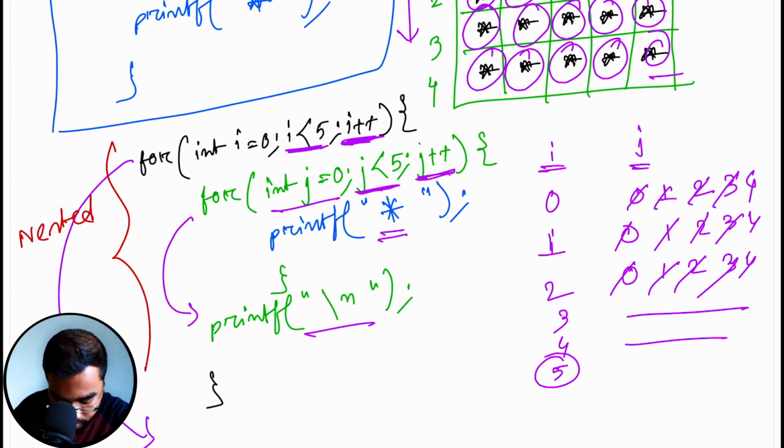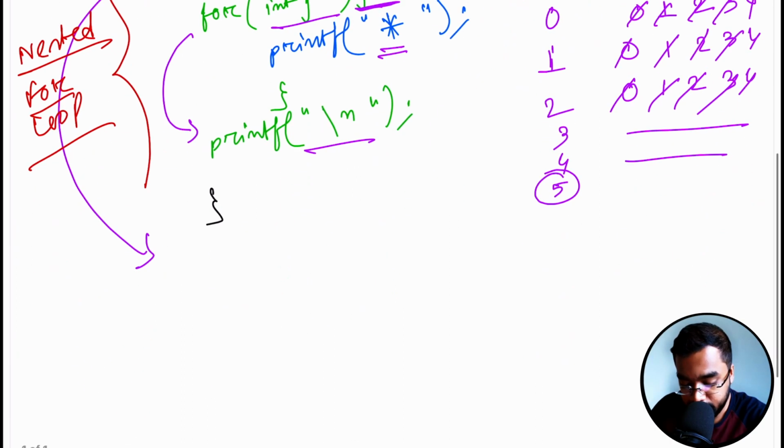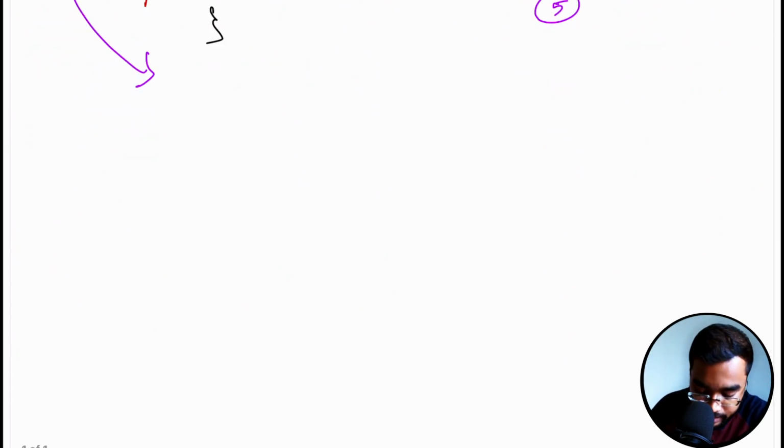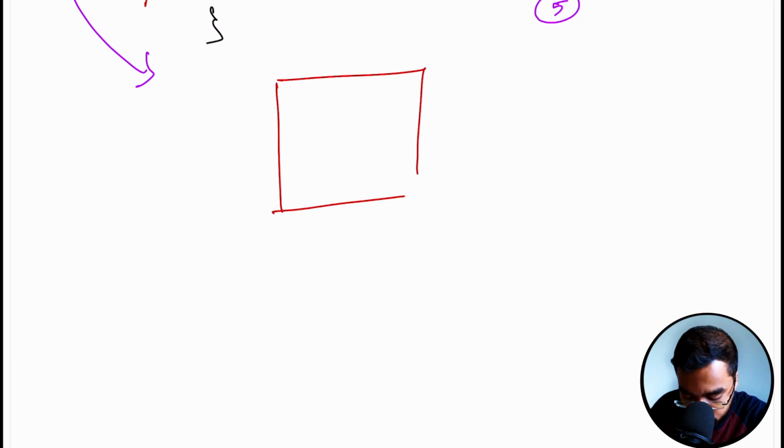Nested for loop. What does nesting mean? For example, this is a house. Inside that, if you make a wall, then there are two rooms.